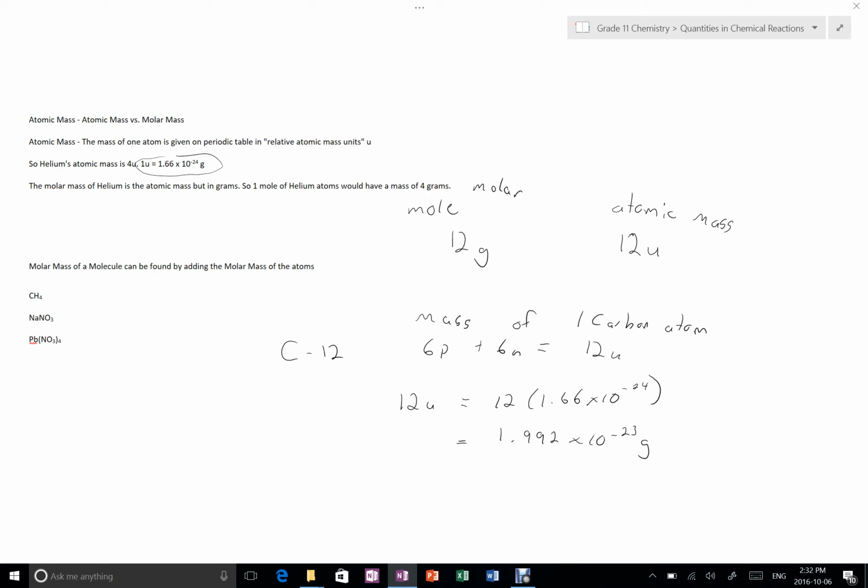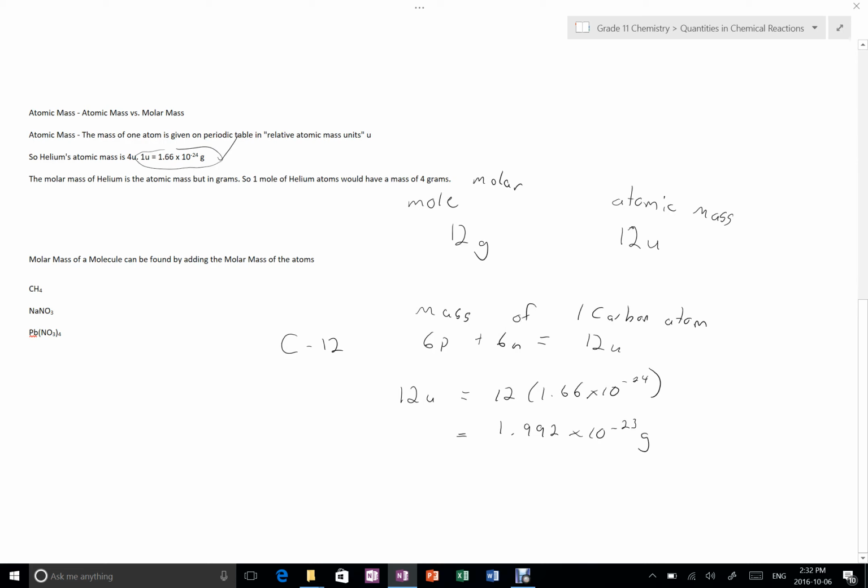Since we figured out that mass, so we can figure out the mass of 1 carbon atom, all of a sudden we can figure out how many atoms there are in a mole of something. So I defined 1 mole of carbon to be 12 grams.